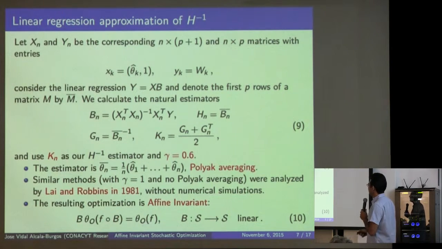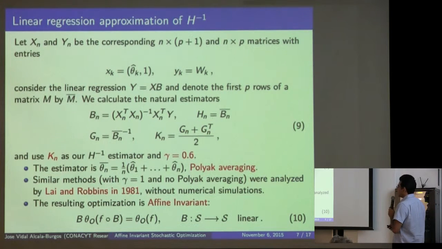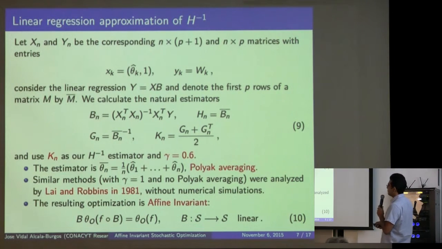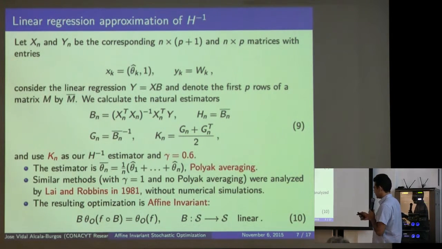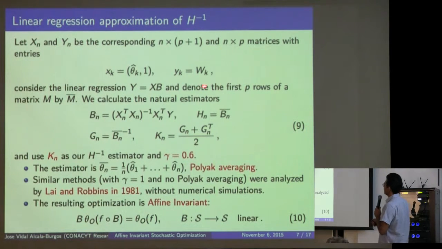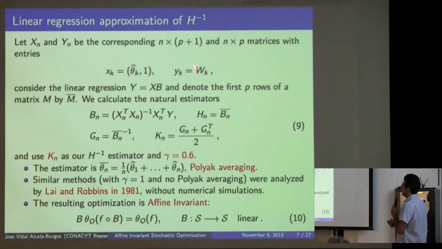Okay. It's not so hard to imagine that if WK is our estimate for the gradient at the parameter theta k, then the derivative of the map that sends theta k to WK will be the derivative of the gradient. In other words, it will be the Hessian of our function. So what we're going to do is run a linear regression through those points.